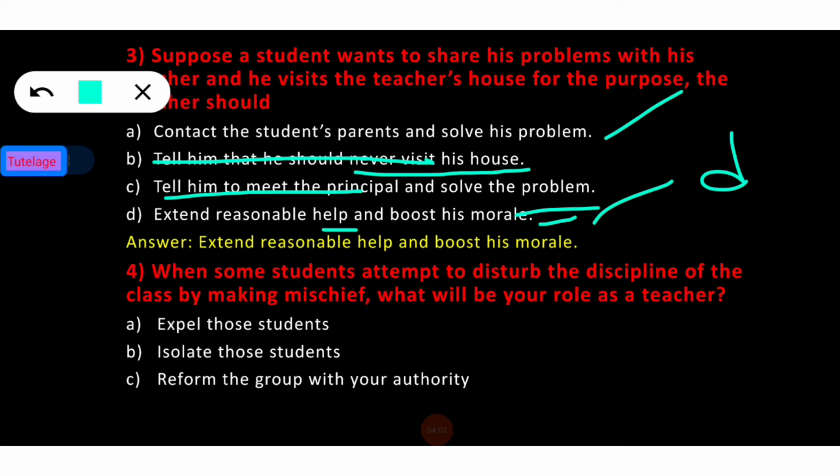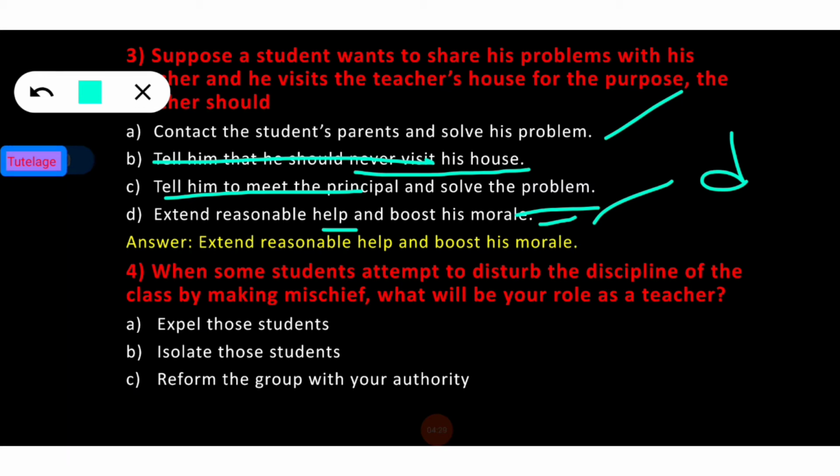A student wants to share his or her problems with the teacher only, and visits the teacher's house for this purpose. So the correct option is option D.